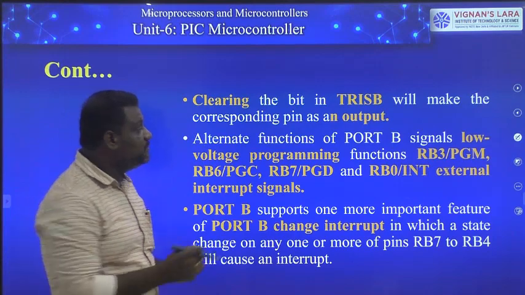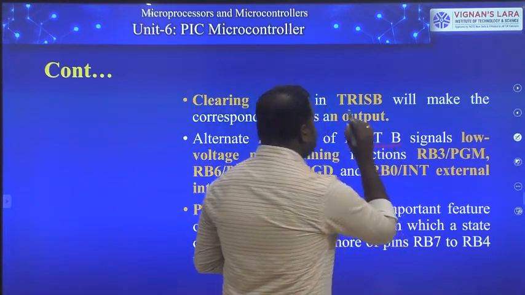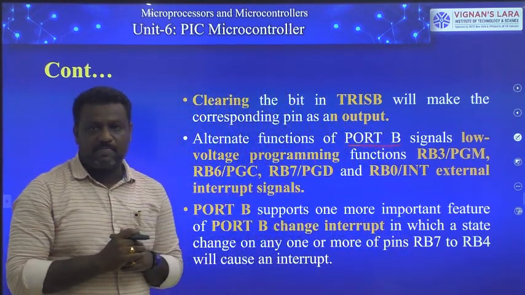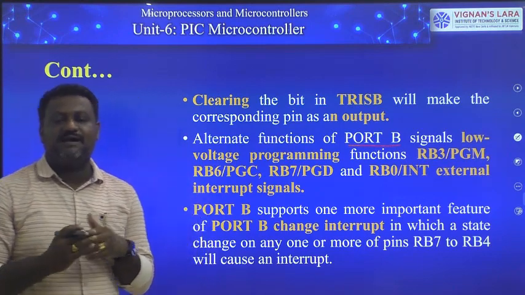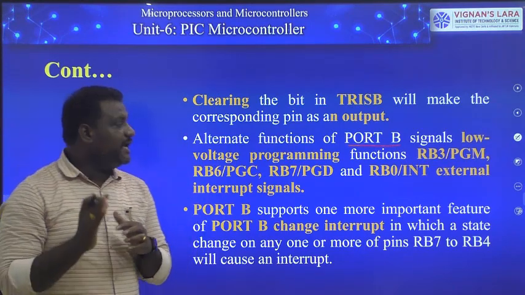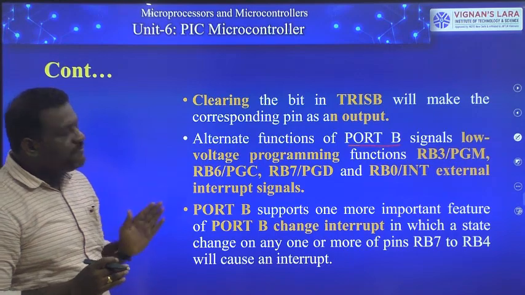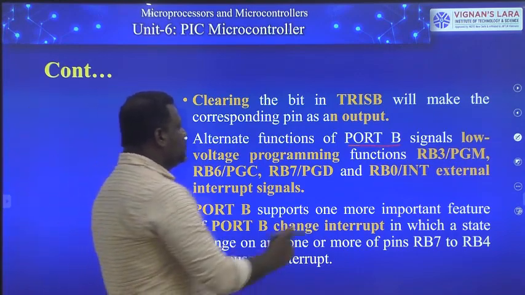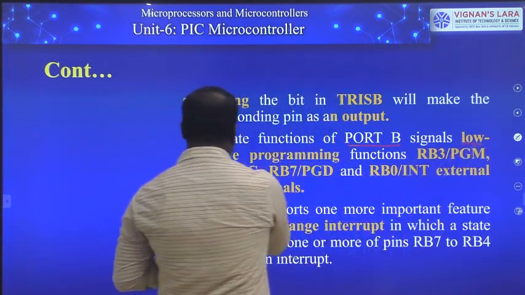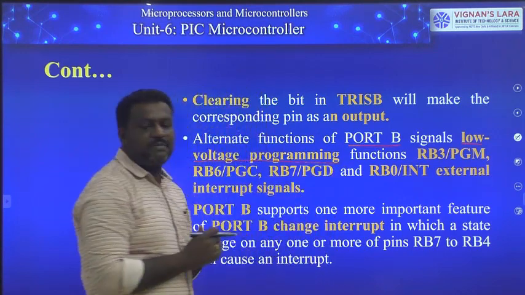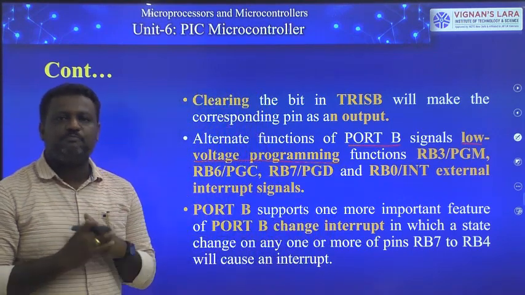Alternate functions of port B signals. Some of the port B signals have alternate functions. Some of them are used for low voltage programming. For low voltage programming purposes, we use some of the port B signals.